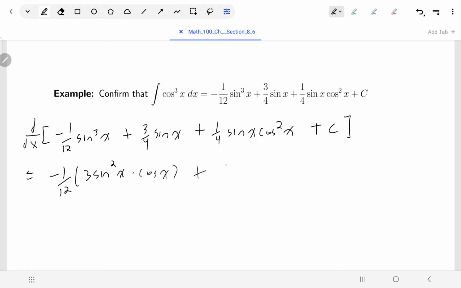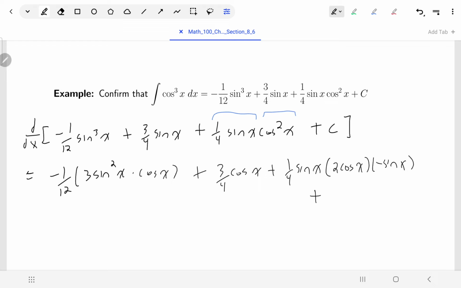For 3/4 sine x, the derivative is 3/4 cosine. Then I've got a little product rule to deal with here with my 1/4 sine and cosine squared. First thing as it is, times the derivative of the second: the derivative of cosine squared is 2 times cosine to the 1, and the derivative of cosine is negative sine.